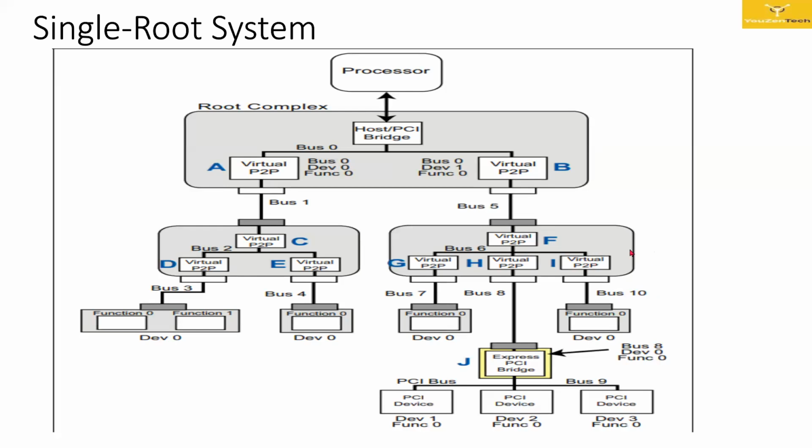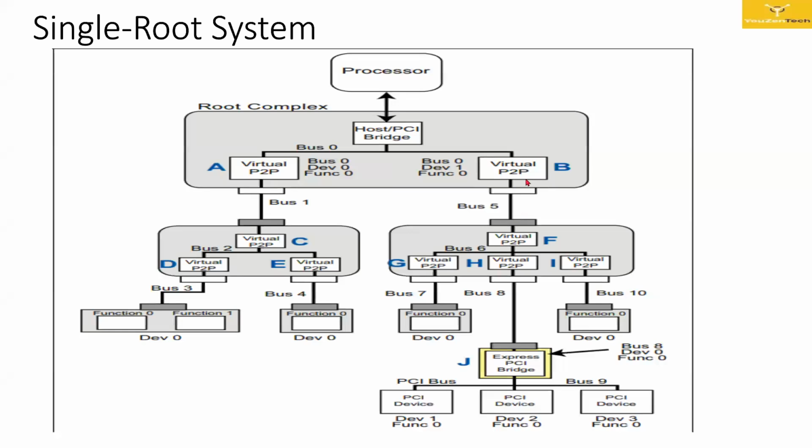It scans, finds nothing, and then goes back. Then it's going to update the subordinate bus number of this bridge F with the maximum value of bus living below this. The maximum value we saw was 10 just before. So it's going to update the subordinate register number with the value of 10.